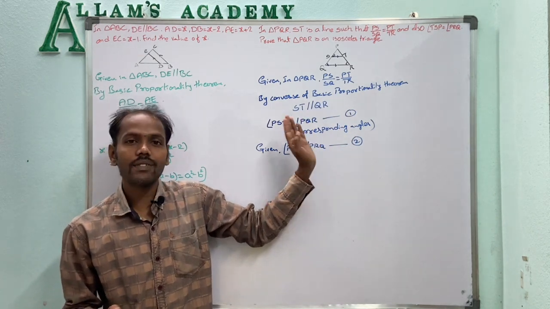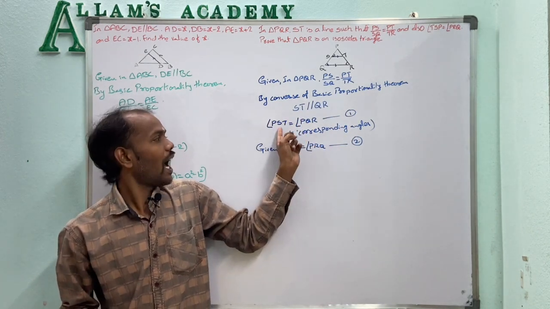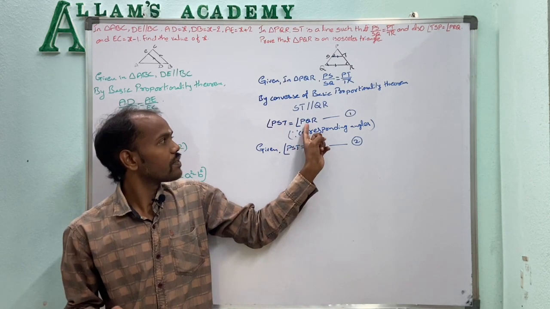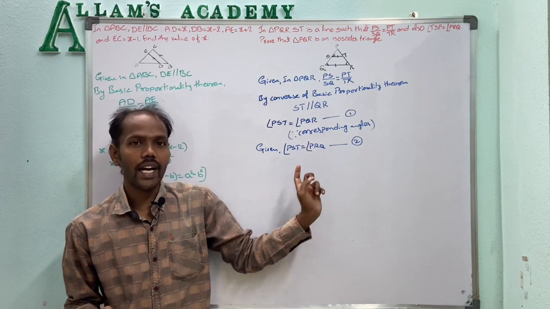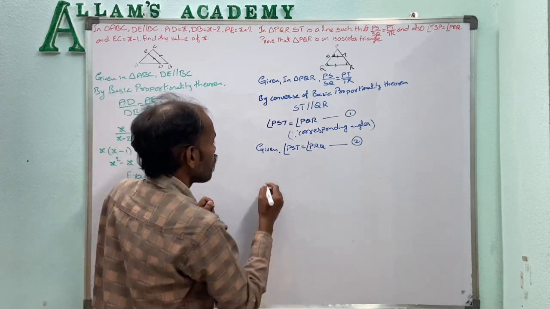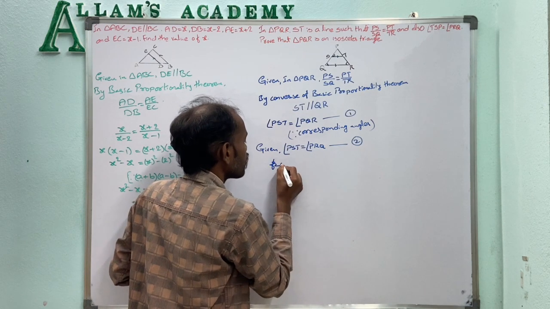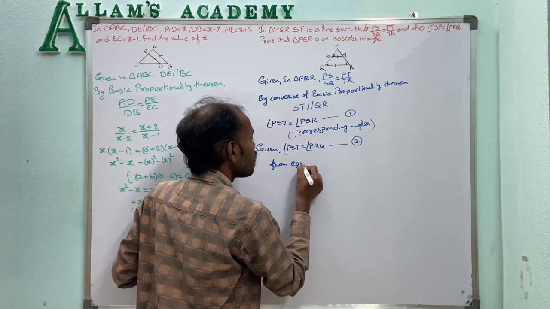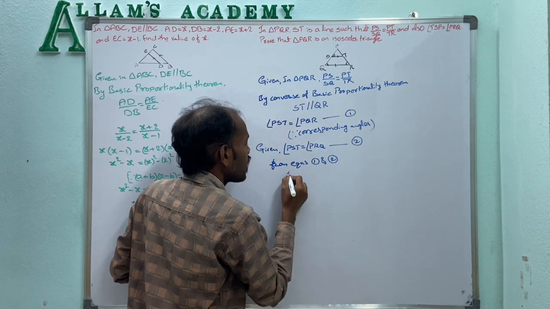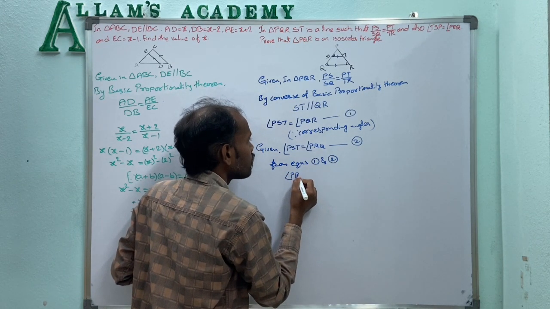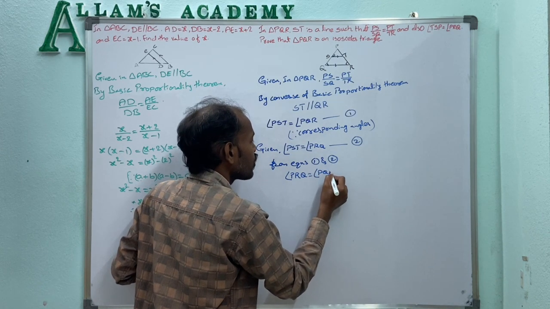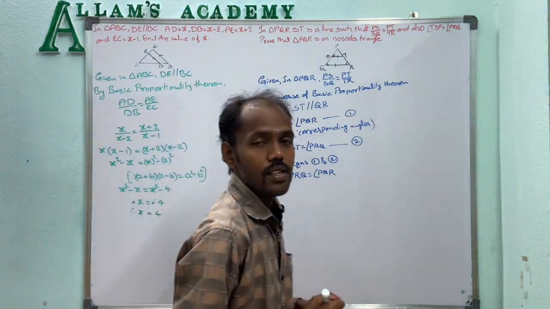Now on the LHS of the two equations, observe angle PST only is there. That means the RHS angles, angle PQR and angle PRQ, are equal. So from equation 1 and 2, angle PRQ equal to angle PQR.